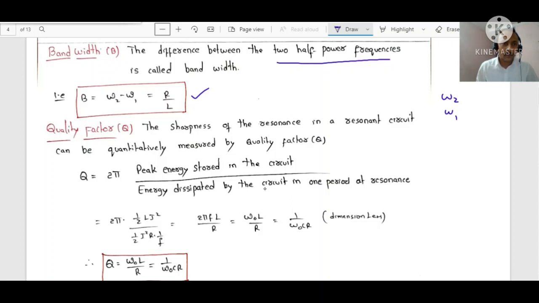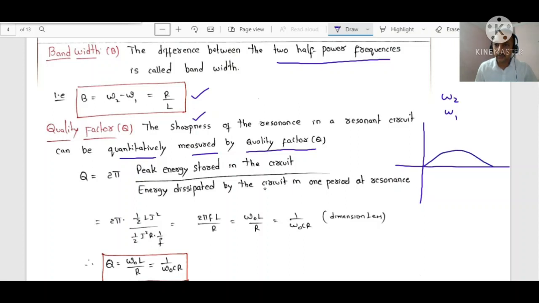Now we have one more term, quality factor. The sharpness of the resonance in the resonant circuit is quantitatively measured by the quality factor. How do you understand this word, sharpness? Observe, dear students. For example, for resonance, for different circuits you get graphs like this.